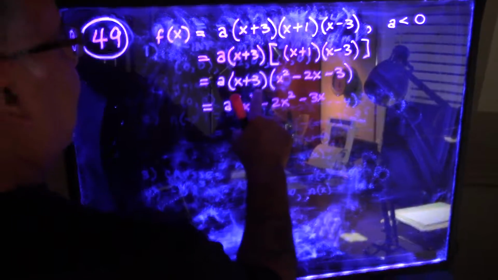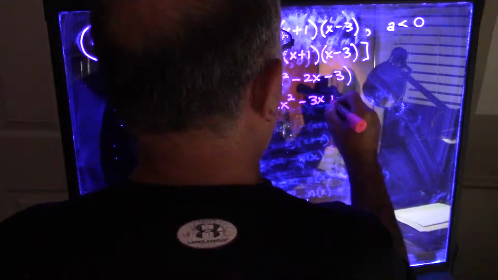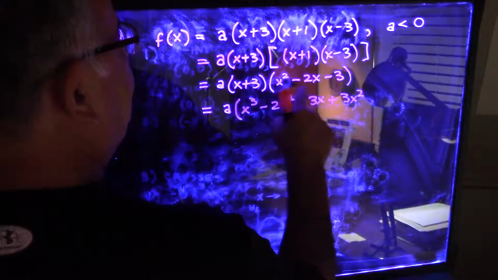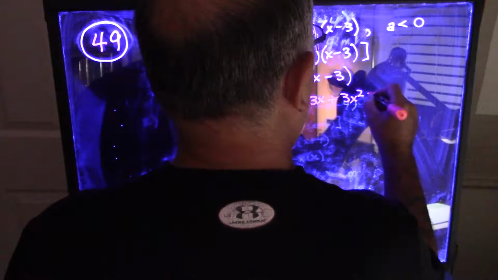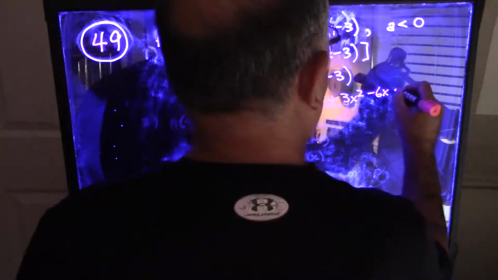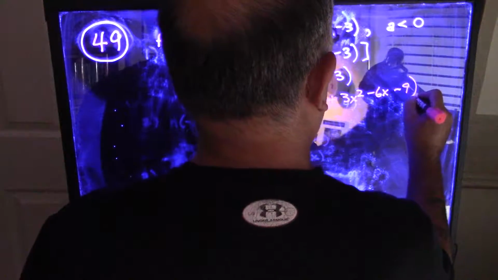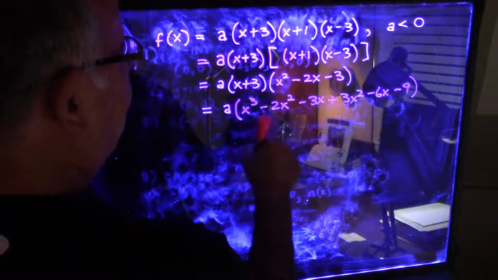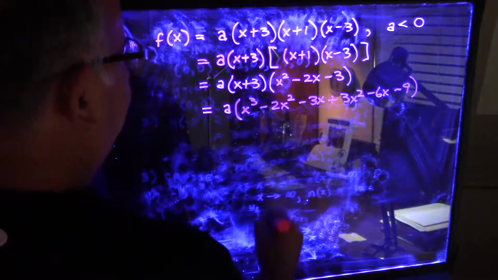Now the positive 3 times x squared is 3x squared, and then 3 times negative 2x is negative 6x, and then 3 times negative 3 is negative 9. So you're going to have 2 times 3 is 6 terms: 1, 2, 3, 4, 5, 6.